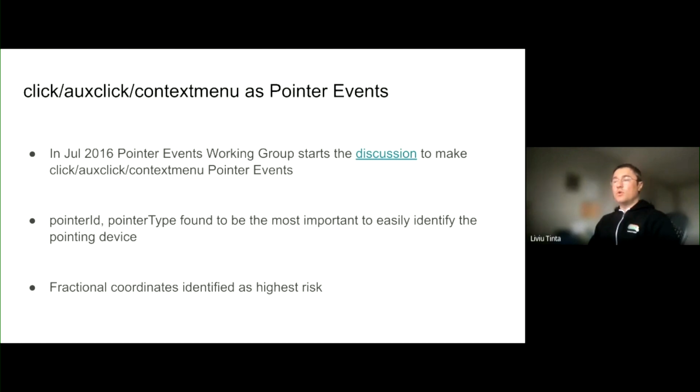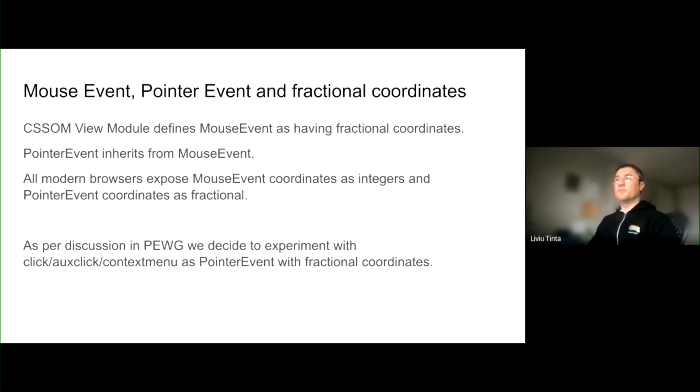The fractional coordinates for these events have been identified as the highest risk. In terms of spec, mouse event is defined as having fractional coordinates, and pointer event inherits from mouse event. However, all modern browsers expose mouse event coordinates as integers and pointer event coordinates as fractional.